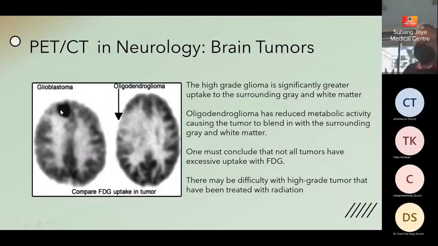And this is why you can miss things on an FDG. There's also difficulty in distinguishing radiation changes in the brain; it's difficult to tell whether the disease is there. So we don't use FDG PET for monitoring disease recurrence in brain tumors.